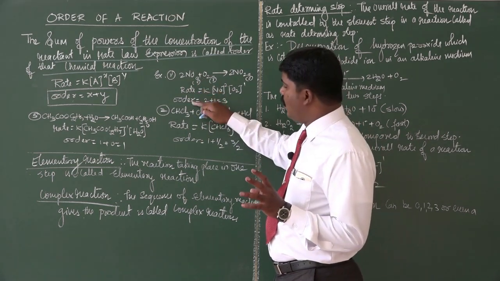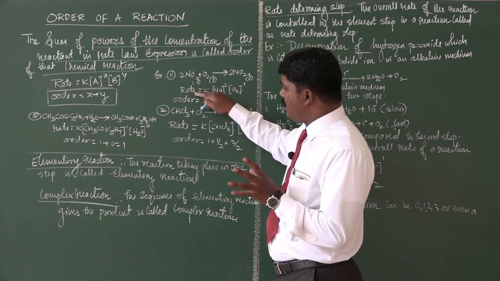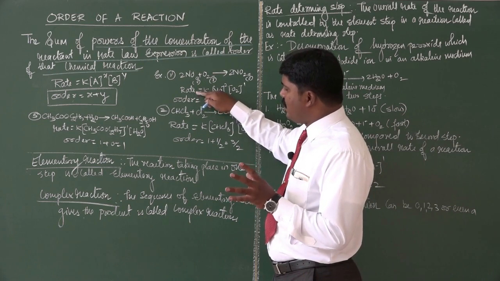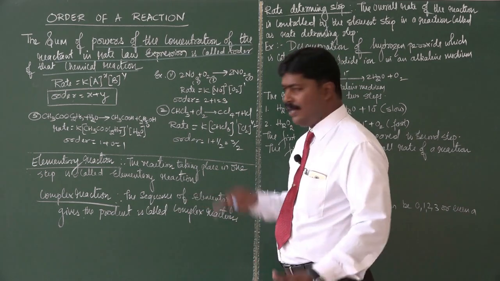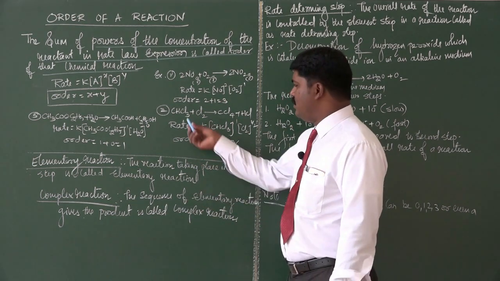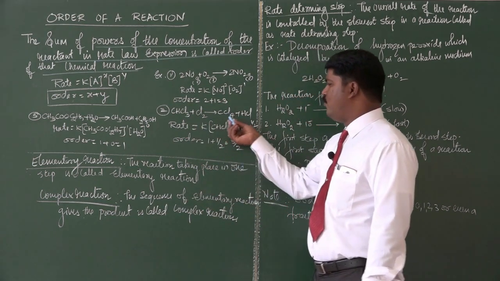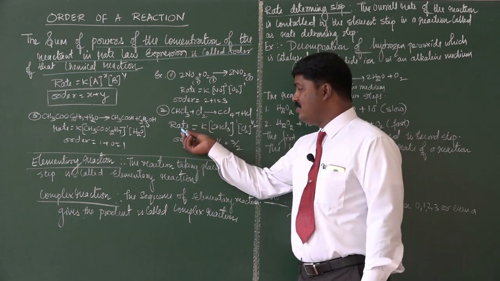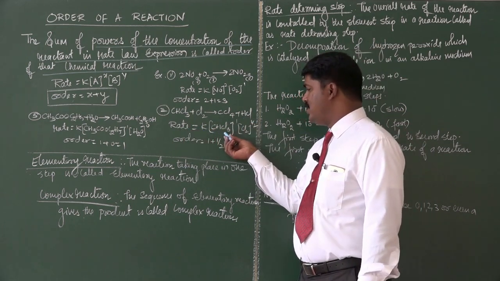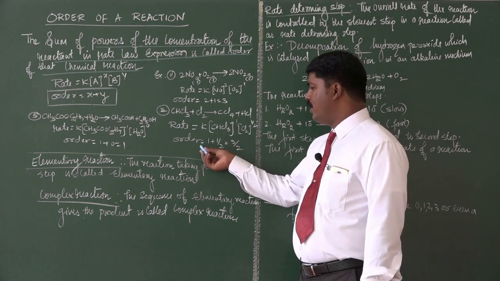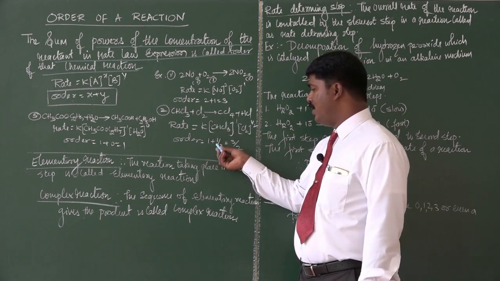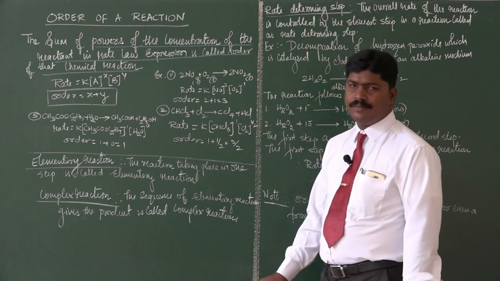When you want to find the order, see the rate expression. How did you get this 2 and 1, I will explain after these examples. Now the second example: CHCl3 plus Cl2 gives CCl4 plus HCl, rate is equal to K, [CHCl3] to the power 1 and [Cl2] to the power of half. The order is adding the powers, 1 plus half, that is a fraction.